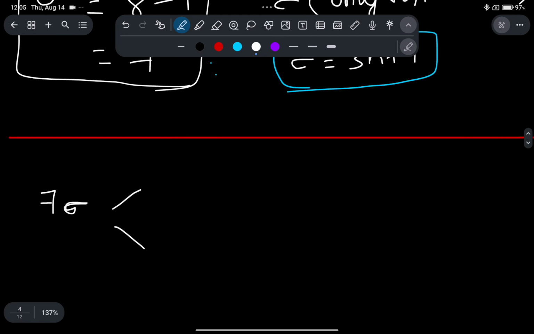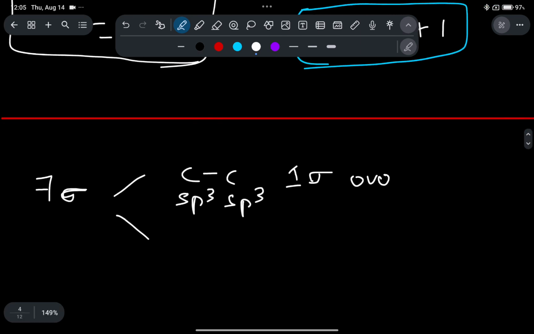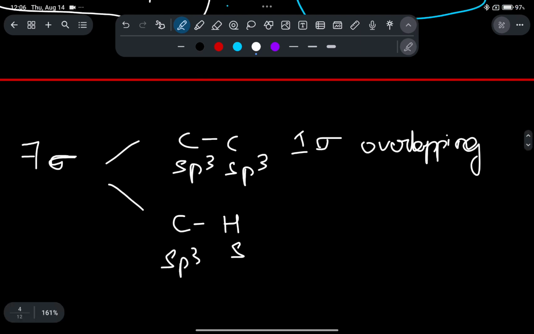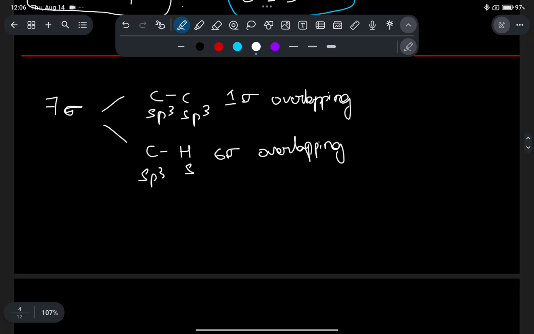The C-C bond means sp3 overlapping, one sigma bond. And for carbon to hydrogen, carbon has sp3 hybridization and hydrogen has only s. So six sigma bonds, carbon-hydrogen overlapping.